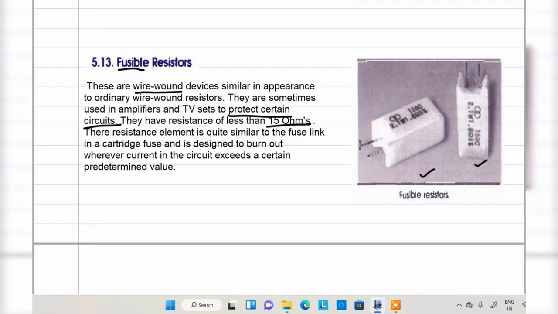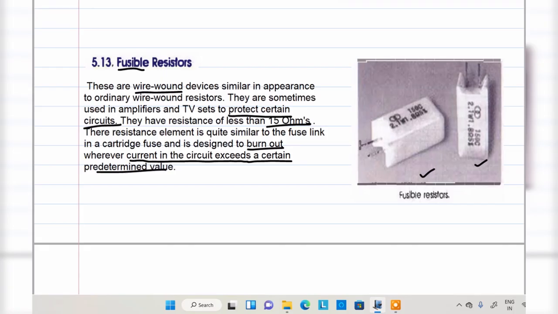Next one, the cartridge fuse. This is also designed so that whenever the current exceeds a certain predefined value, it is going to be burned. That resistance is going to be burned. Burning means that you are protecting the circuit, right?